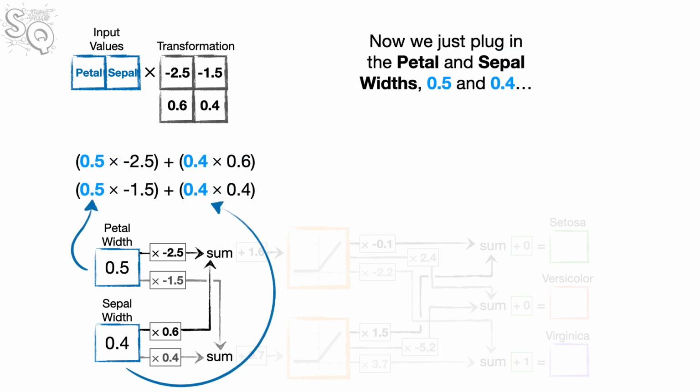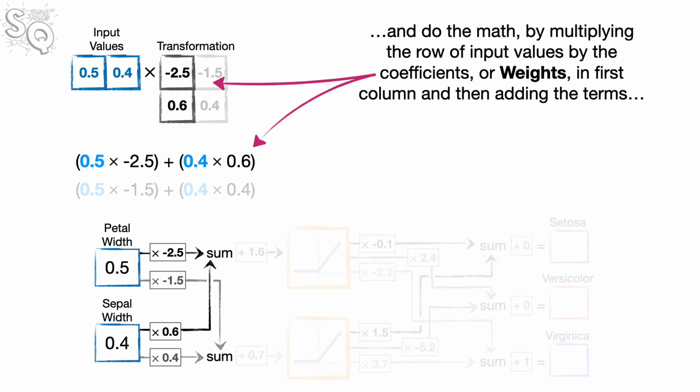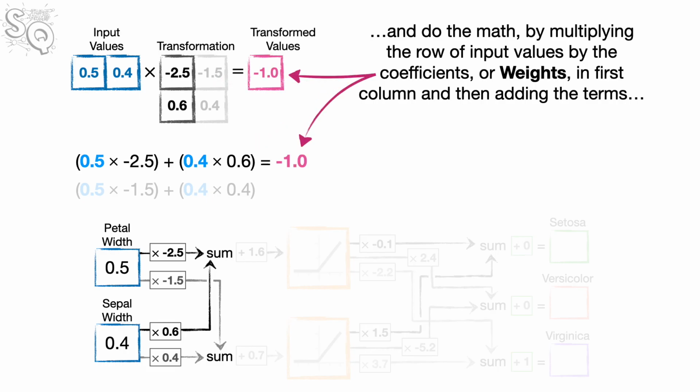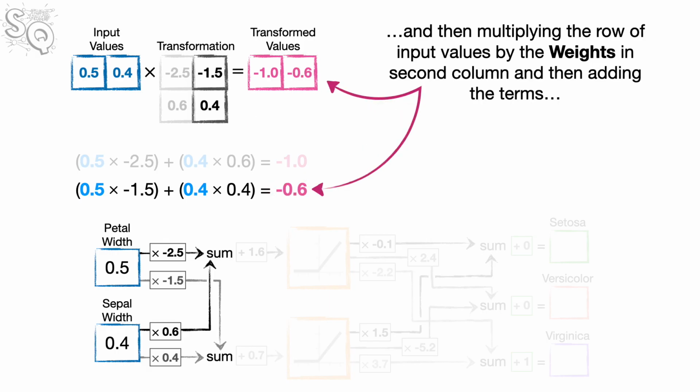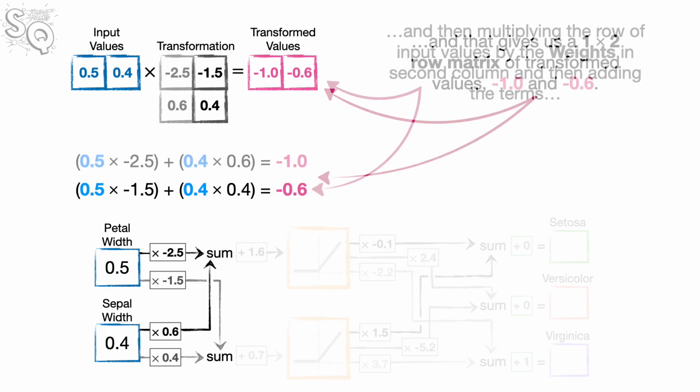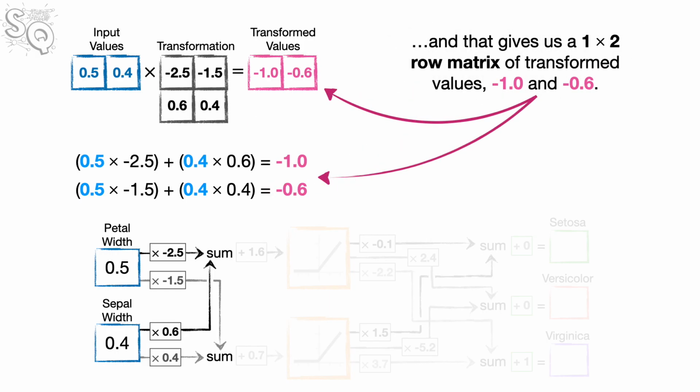Now we just plug in the petal and sepal widths, 0.5 and 0.4, and do the math by multiplying the row of input values by the coefficients, or weights, in the first column and then adding the terms. And then multiplying the row of input values by the weights in the second column and then adding the terms. And that gives us a 1 by 2 row matrix of transformed values, negative 1.0 and negative 0.6.